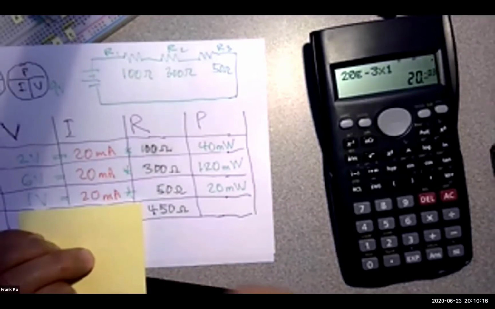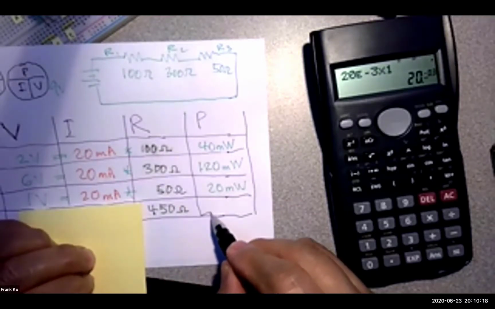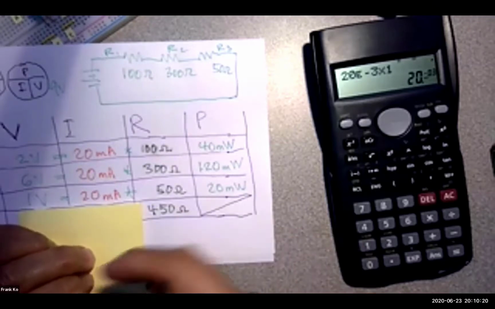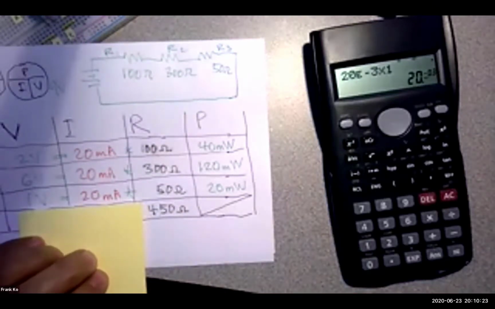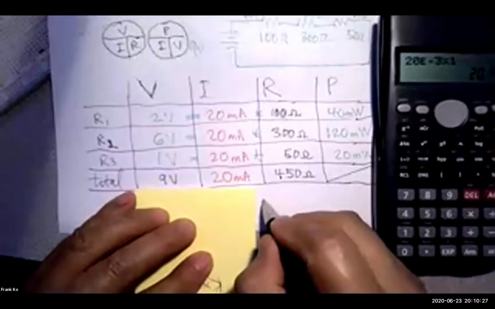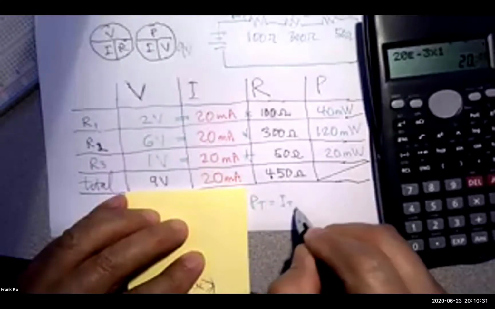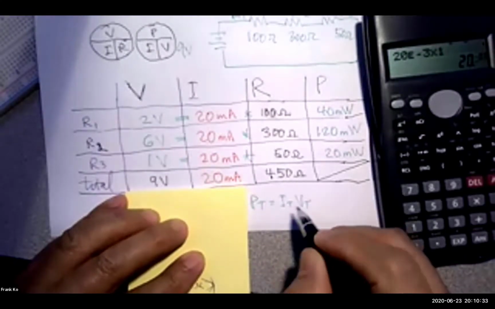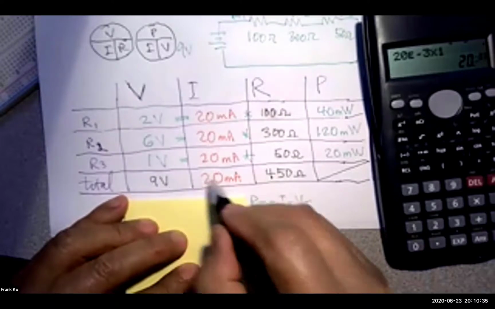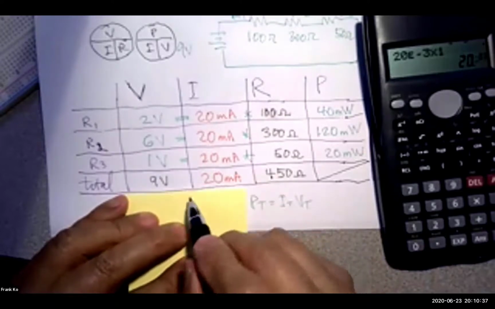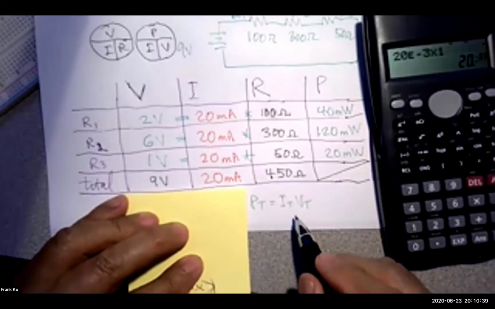Okay, here's the magic square or magic cell. If I use Watt's law, I want P total is equal to I total times V total. Take this I times this V, multiply these two, and I should get a power total.